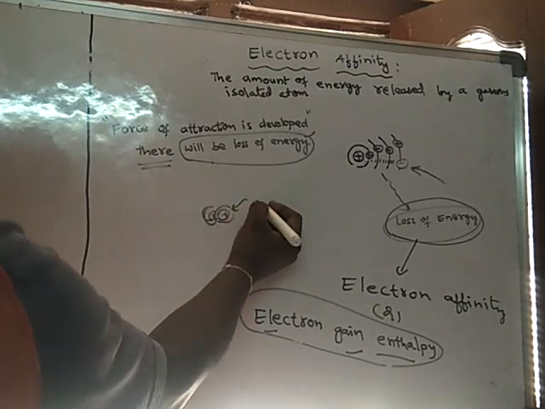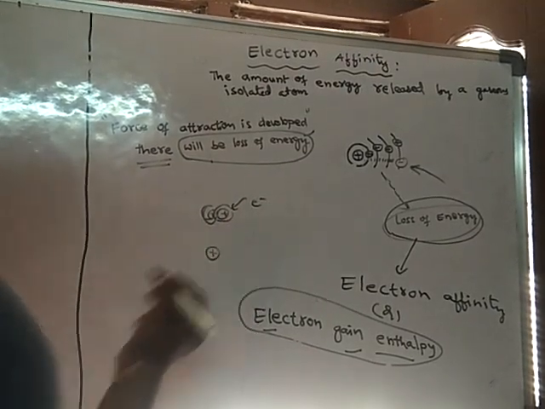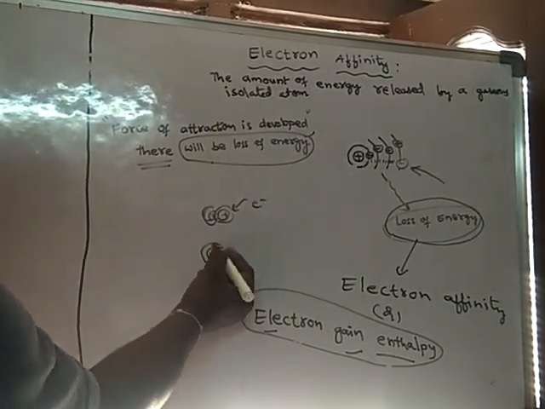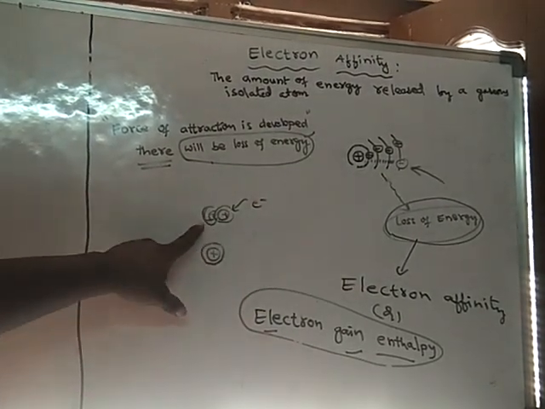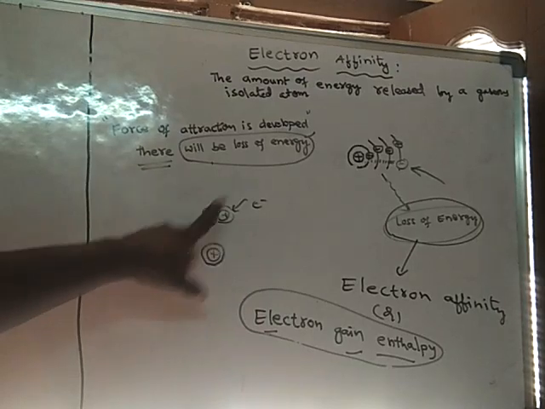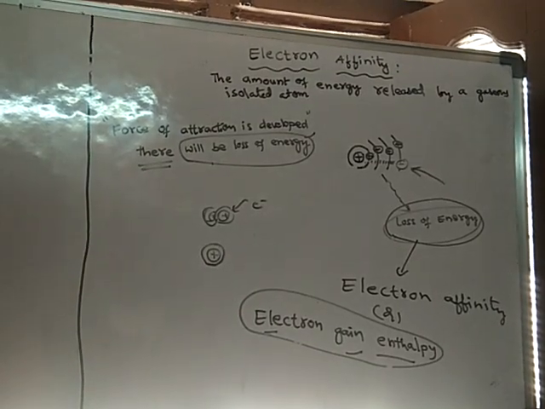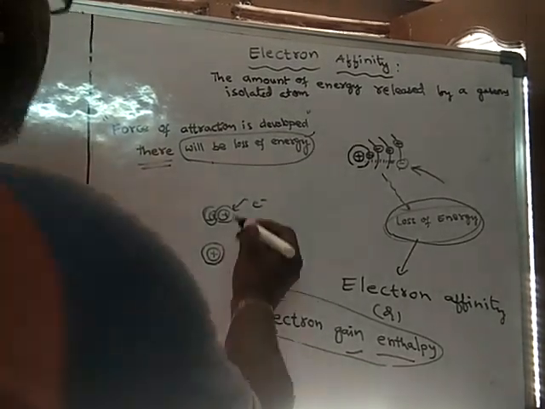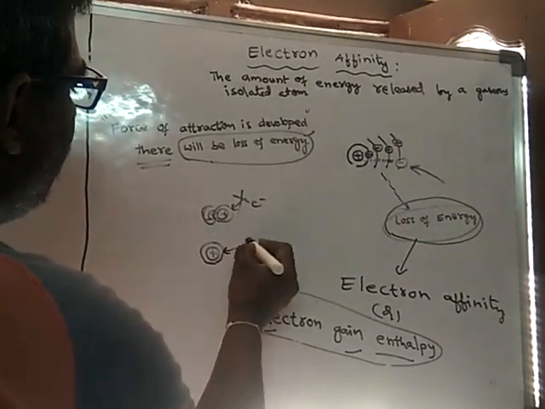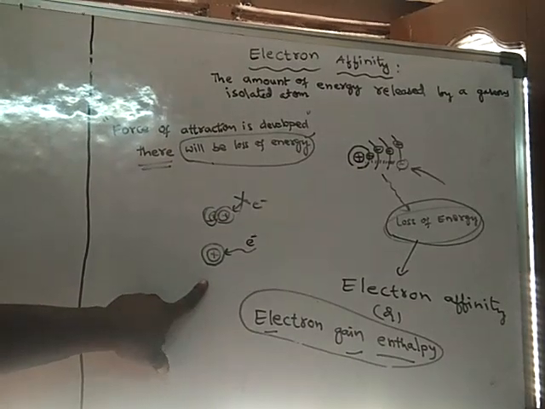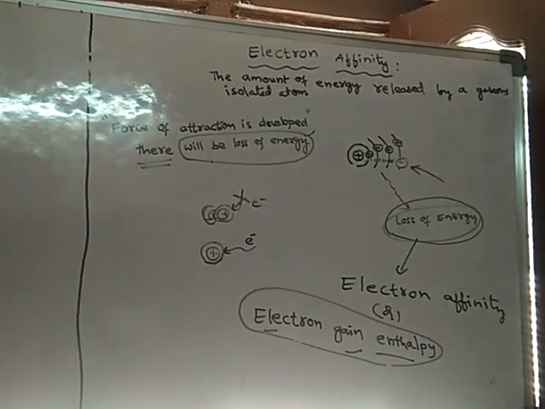We can add an electron only to that atom which is isolated, that means a single atom. We can add an electron to that atom when it is in isolated form, that means in single form.